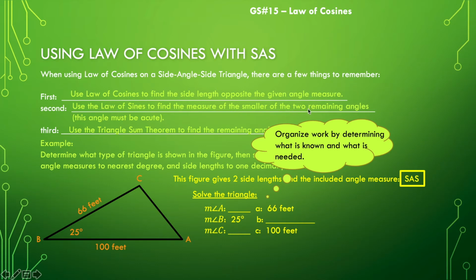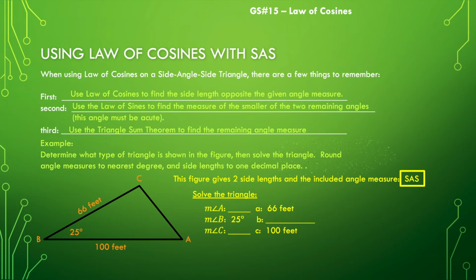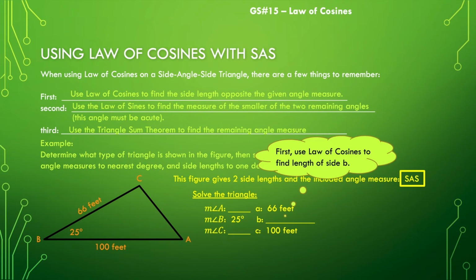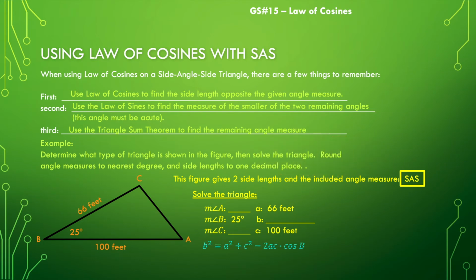So our first step here is use the law of cosines to find the side length opposite the given angle measure. We know angle B has a measure of 25 degrees, so we want to find the length of side B. So we're going to use the law of cosines to find the length of side B.